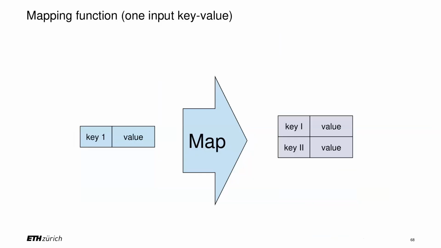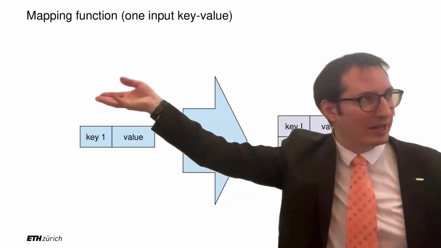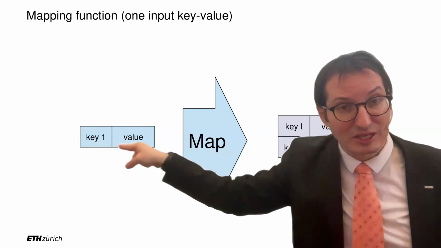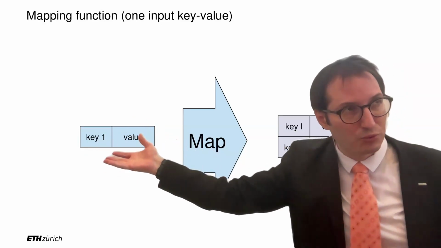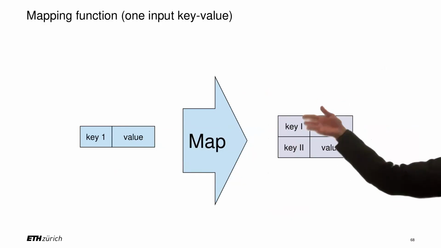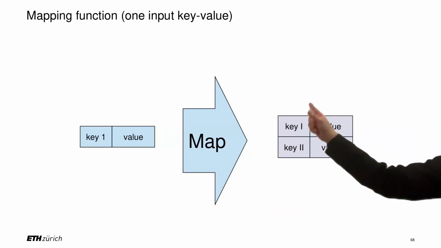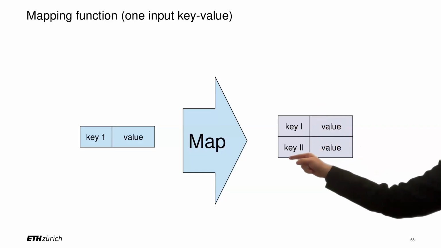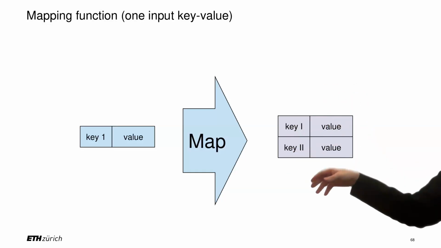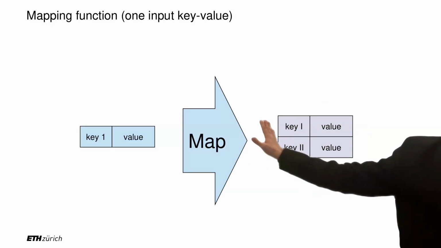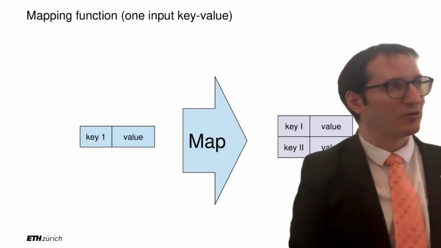That's part one. Part two is I take each key value, so this is one of them, but I would have to do it to all of them. Each key value, one at a time, gets mapped to 0, 1, 2, or more intermediate key values. Can be none at all, can be just one, can be two, can be 10, can be thousands, any you want. That is my mapping function. Who decides on the mapping function?